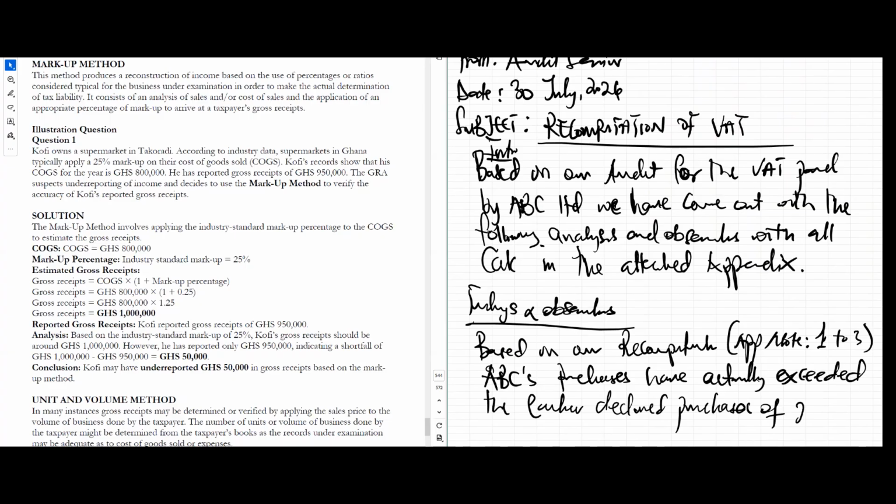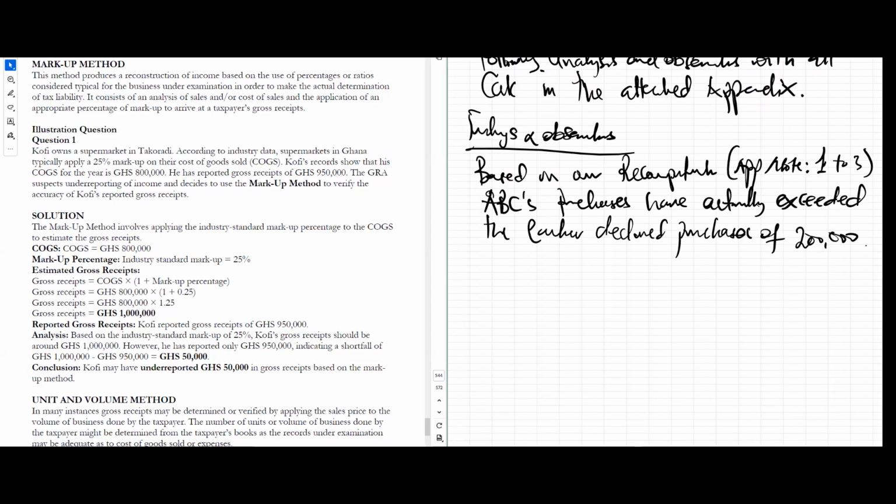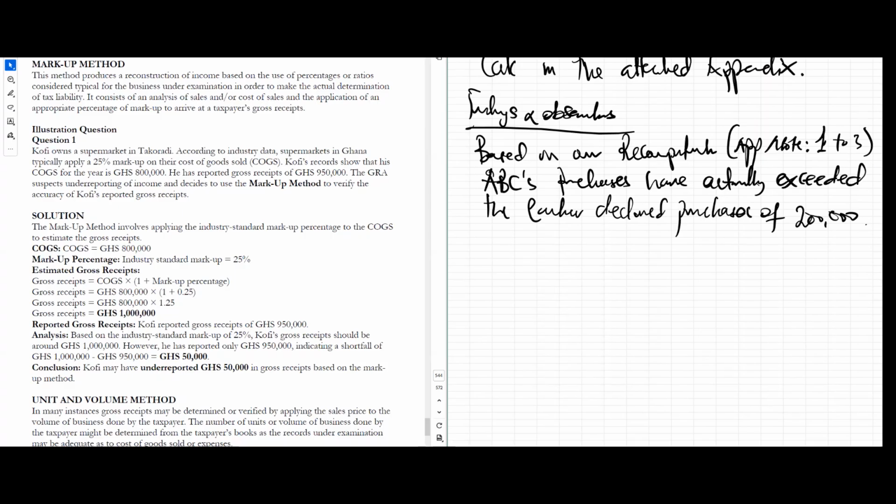So per the earlier declared purchases of 200,000, this was ignored, and an actual purchase of how much was the new purchases that we had? 3 something.